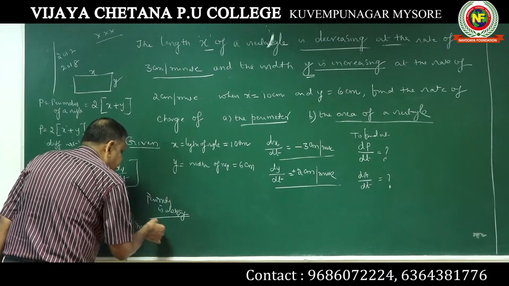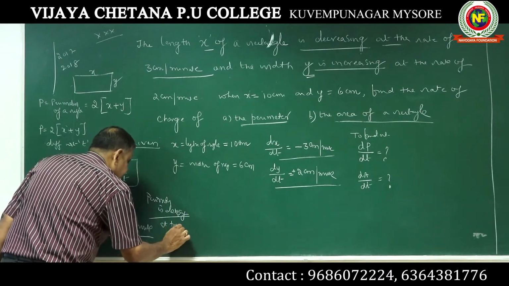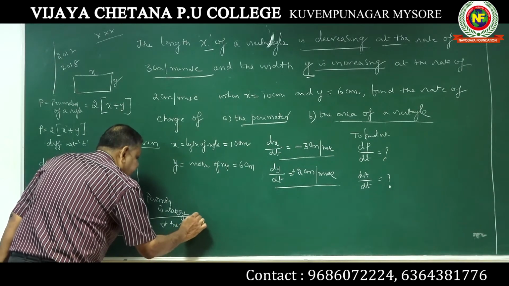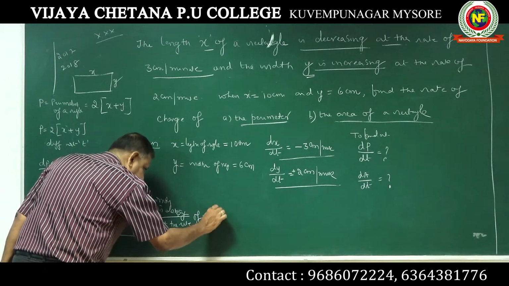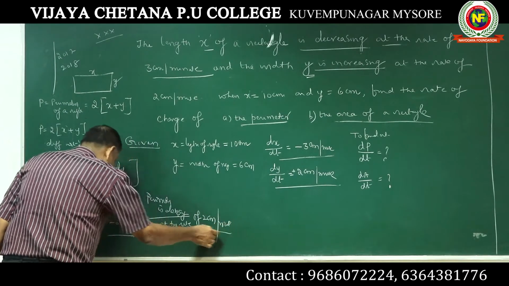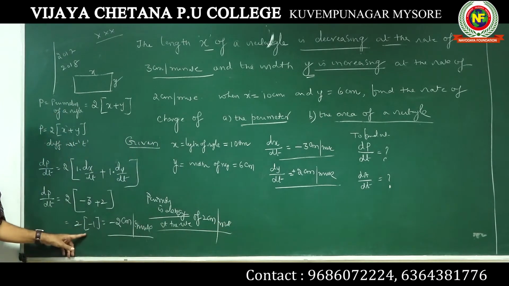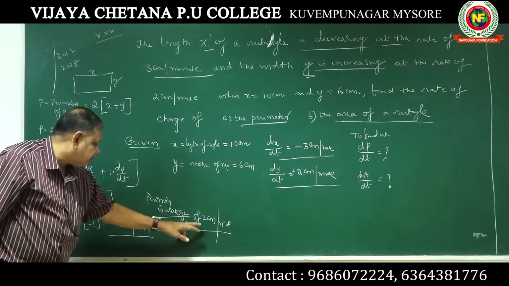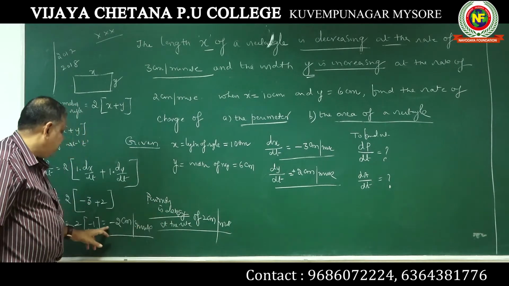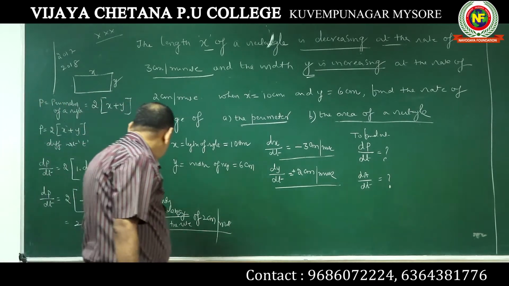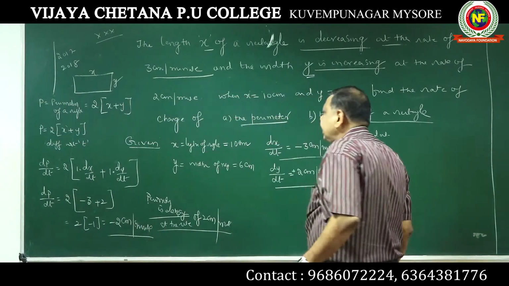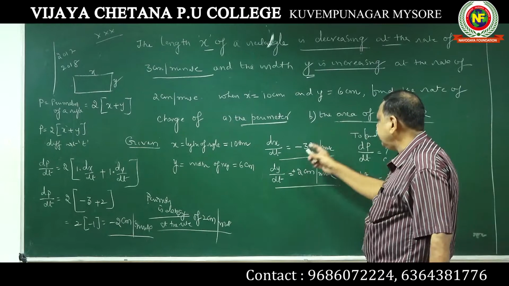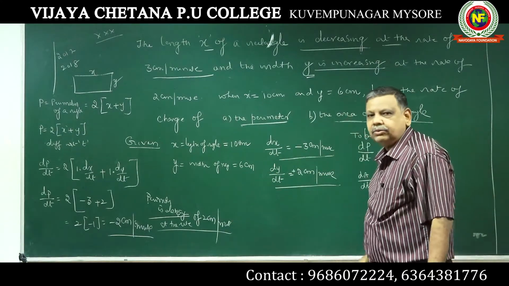You should write, very important, at the rate of 2 centimeter per minute. 2 into minus 1, minus 2, you must show minus, and when writing, show that it is decreasing. Decreasing at the rate of 2 centimeter per minute. So the rate of change of perimeter is minus 2 centimeter per minute.